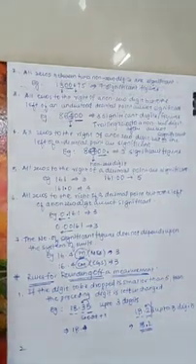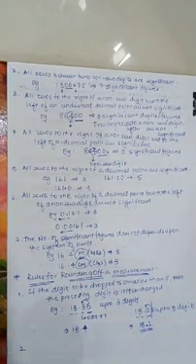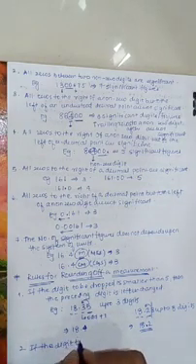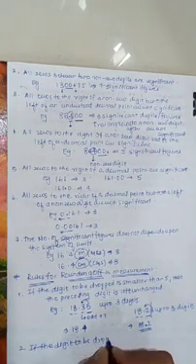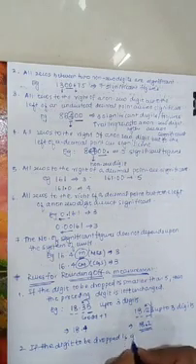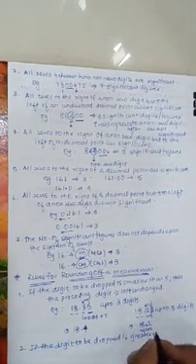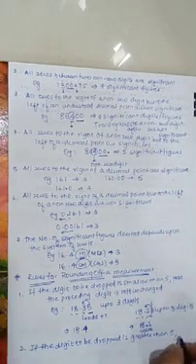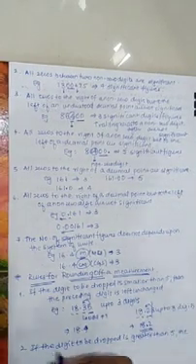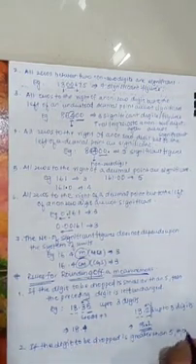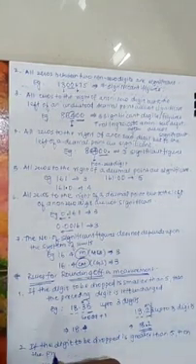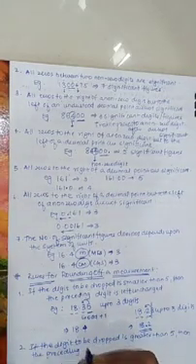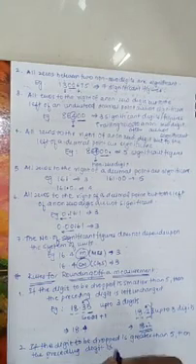Till this clear? Second, if the digit to be dropped is greater than 5, then the preceding digit is increased by 1.